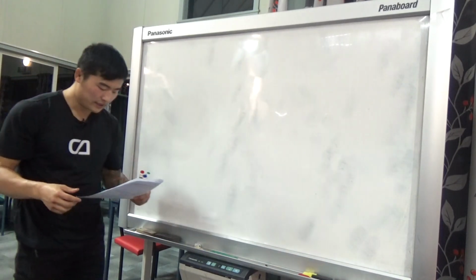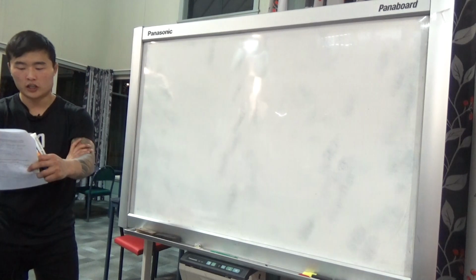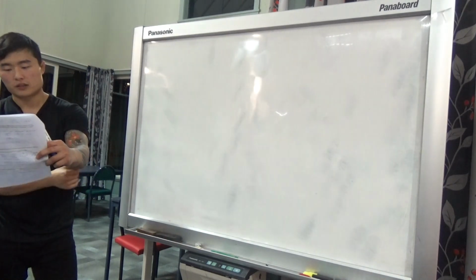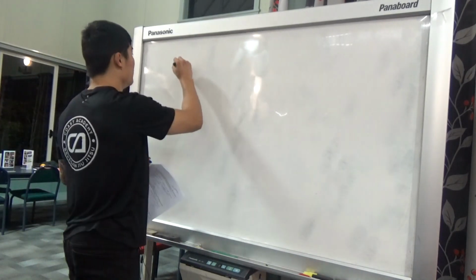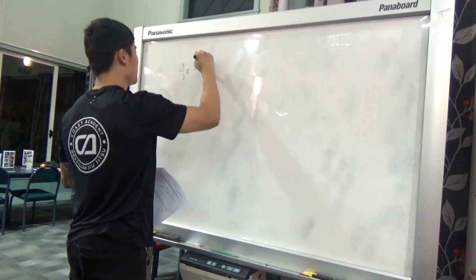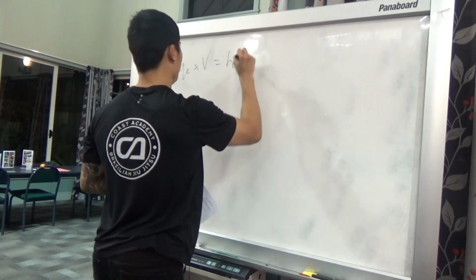So number 9, an X-ray tube employs an accelerating voltage of 23 kilovolts. What's the frequency of the most energetic X-ray this tube can produce? So QE times V is equal to HF.